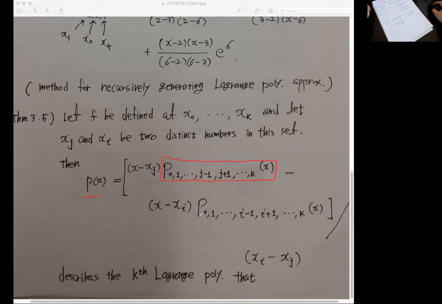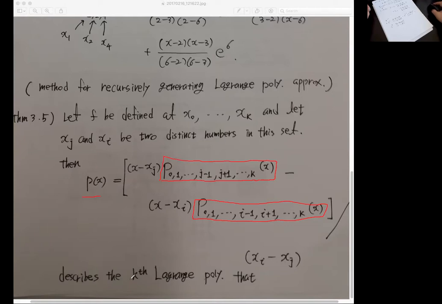And then minus x minus xi times p0,1 through k except for i, the interpolating approximation that agrees with f of x at x0 through xk except for xi, and divide by xi minus xj.